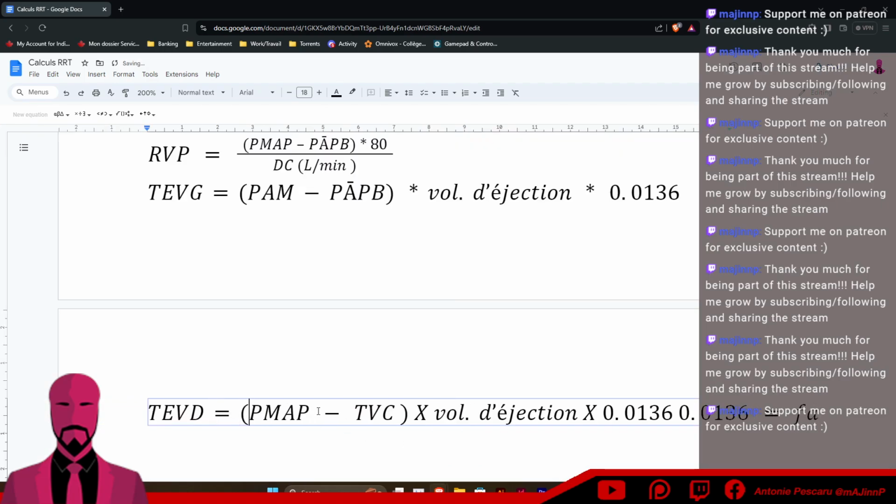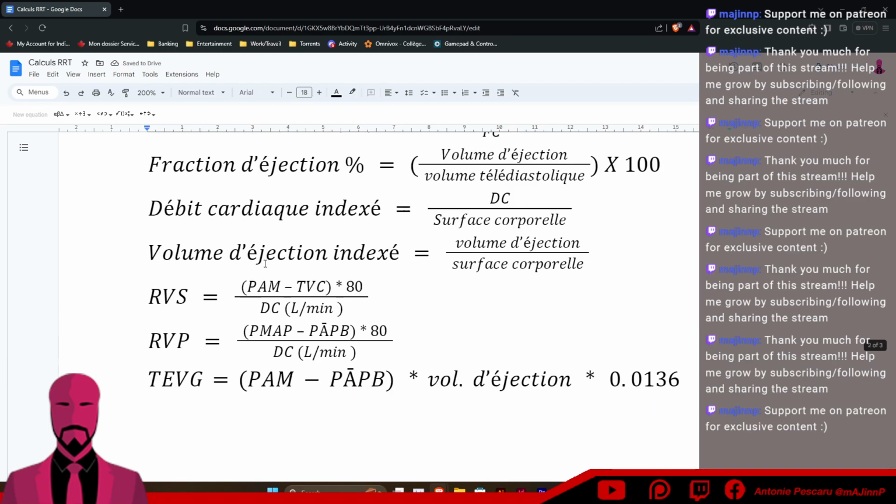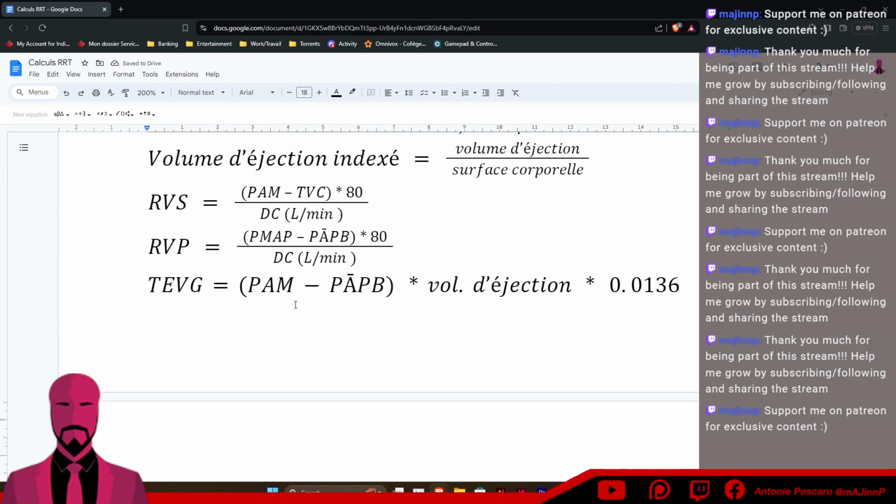So again, mean arterial pressure times the central venous pressure times the ejection volume times 0.36, and this one is your conversion. Whoops, sorry. So this is to know if your heart is doing well, basically.